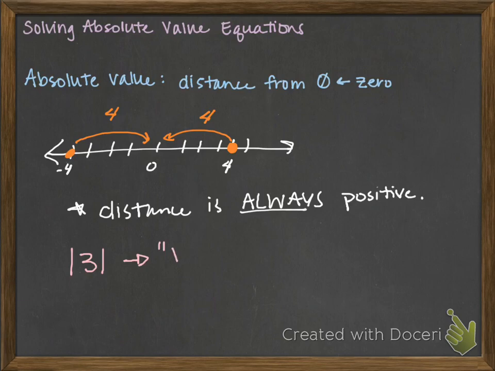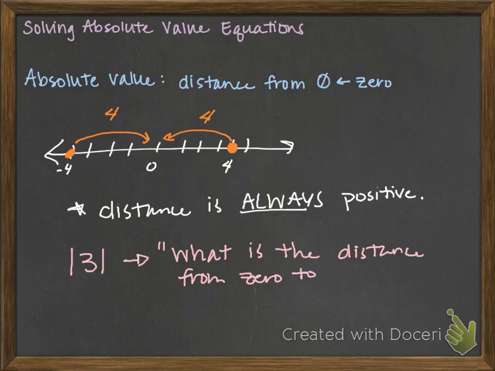I'm really saying, what is the distance from 0 to 3? A lot of you are telling me in your heads that the distance from 0 to 3 is just 3. And that's fantastic. So the absolute value of 3 equals 3.